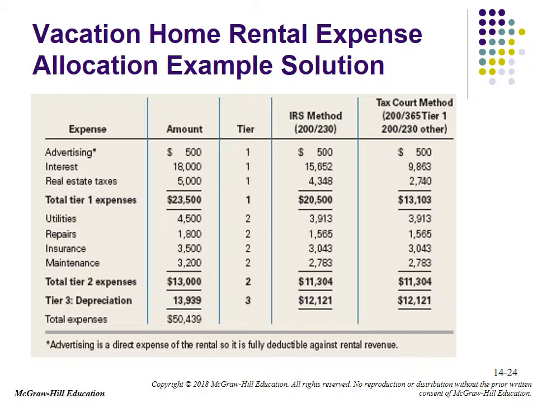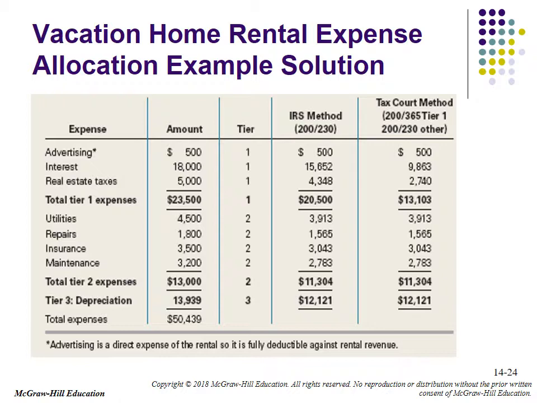So they're allowing less of the interest and less of the real estate taxes as a rental expense. Don't forget, the difference between the $18,000 in mortgage interest and $98.63 that were allowed under the tax court method, that's considered a personal payment and can be deducted as an itemized deduction. Same with the real estate taxes.